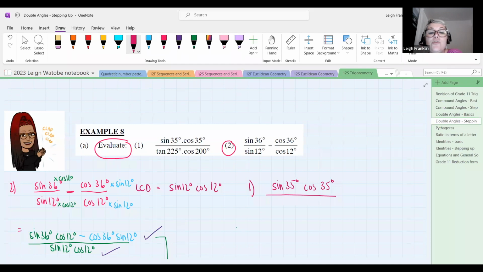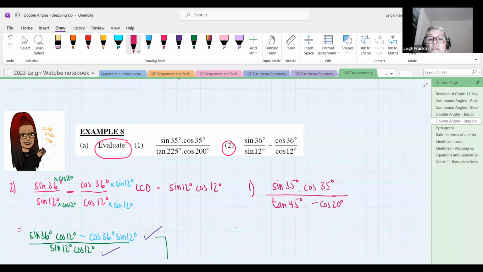Okay, so tan 225 is 180 plus 45. So this would reduce to tan 45. Cos 200 is in quadrant number 3. Okay, so it would be 180 plus 20. Cos is negative in the third quadrant, so this would reduce to negative cos 20.